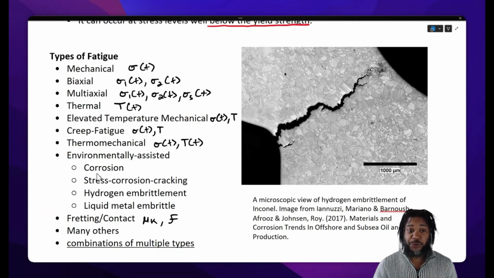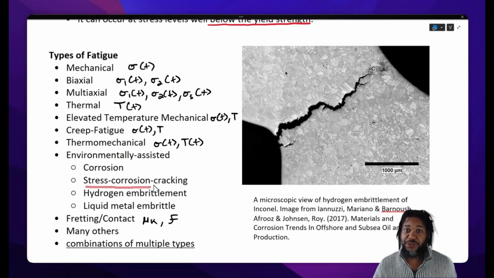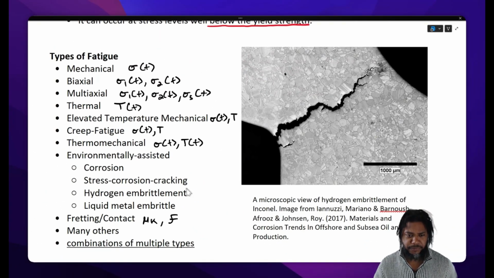Now, beyond all of these crazy conditions, we can also think about just the effect of the environment, such as if we are in a corrosive environment, the corrosion at the crack tip can accelerate the fatigue failure of a structure, or the combination of stress and corrosion can lead to fatigue failure.